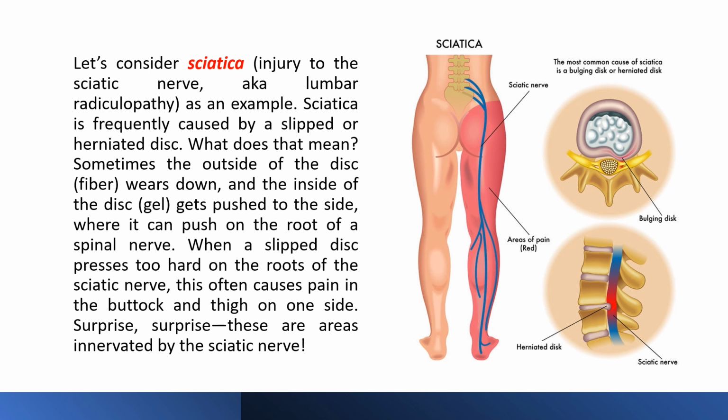What does that mean? Sometimes the outside of the disc fiber wears down and the inside of the disc, the gel portion, gets pushed to the side where it can push on the root of a spinal nerve. When a slipped disc presses too hard on the root of the sciatic nerve, this often causes pain in the buttock and thigh on one side. Surprise, surprise, these are areas innervated by the sciatic nerve.